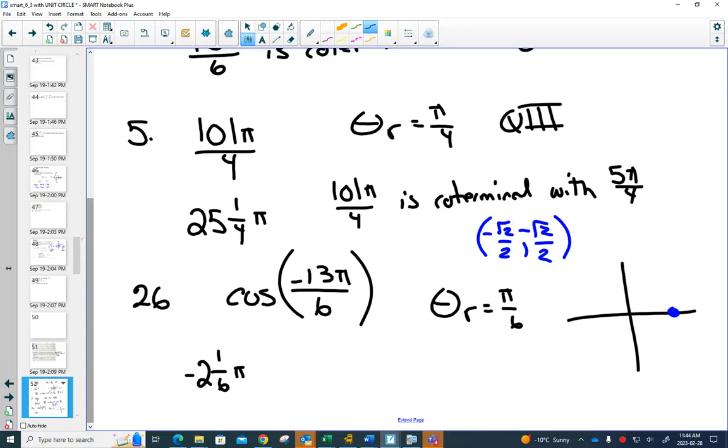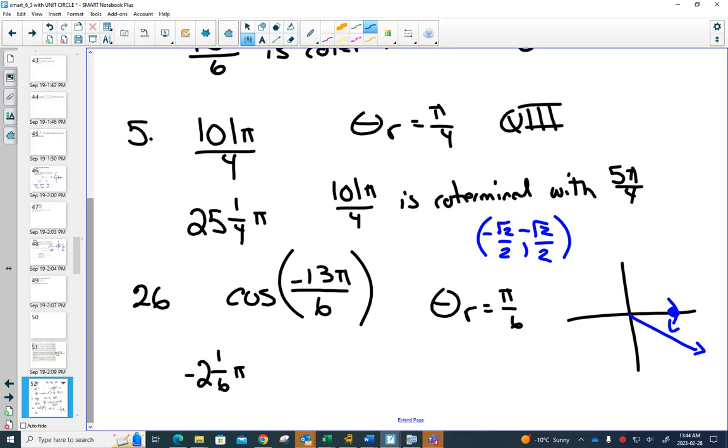And now you have to think, does that mean I'm going to quadrant 1, or does that mean I'm going to quadrant 4? Well, if you're going in the negative direction, negative 13 pi over 6 is going in this direction. We are going to be in quadrant 4, right?